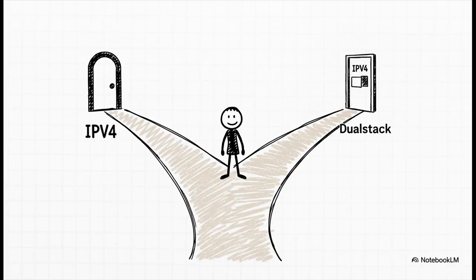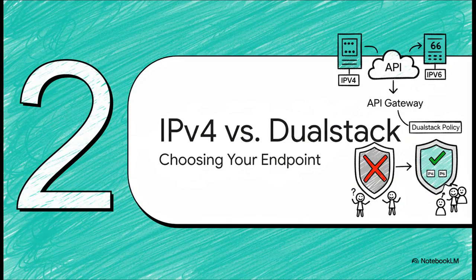When you're building this digital front door in AWS, you're pretty much faced with two main options. You can stick with the traditional IPv4 endpoint, or you can choose the more modern dual-stack endpoint. Let's dig into what that actually means for you. And this really gets us to the heart of the matter. How do you choose between IPv4 and dual stack? This isn't just a small technical detail. This decision is going to have a major impact on who can actually use your API, both right now and down the road.